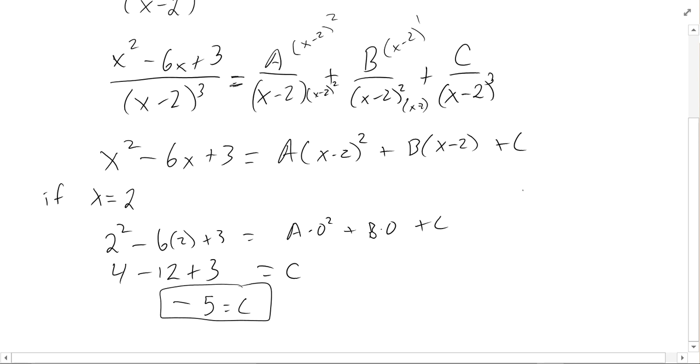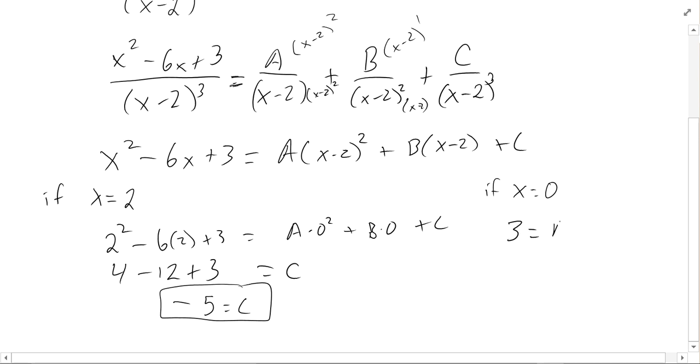Let's pick another nice easy value to do. Let's do x equals 0, just because 0 is an easy number to plug in. If x equals 0, the left-hand side will simply be 3.